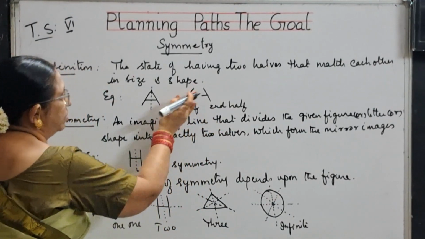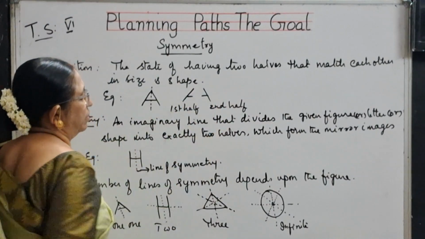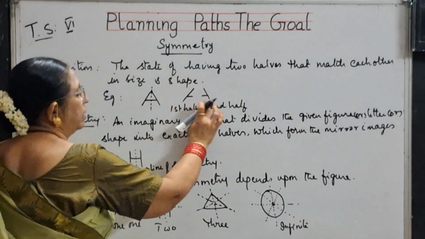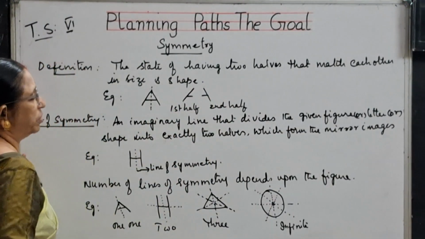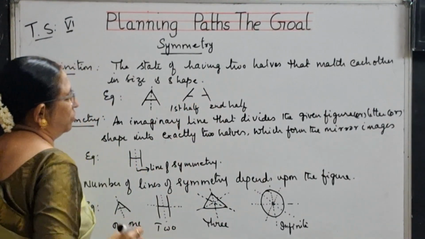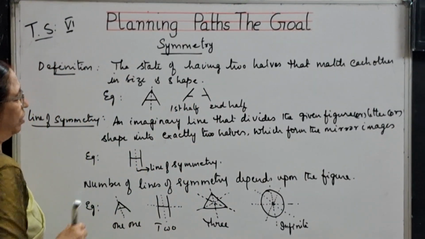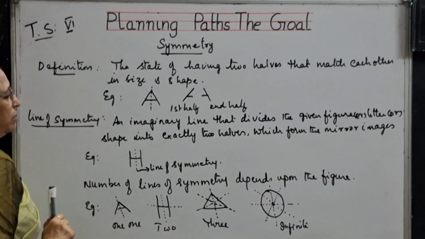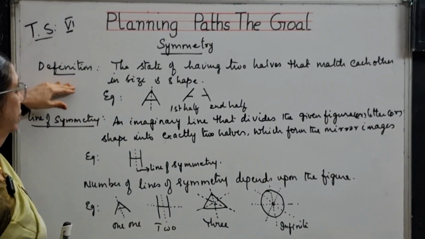First half will be this side, second half will be this side. So these are called mirror images. Only right becomes left. See, this line is right side, this becomes left side. That's all. So this is the definition of symmetry, children.